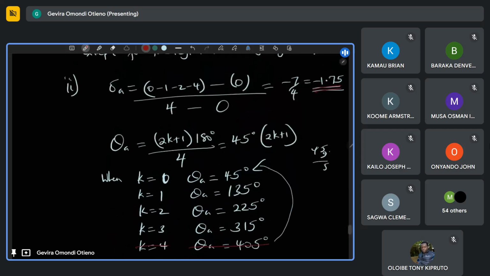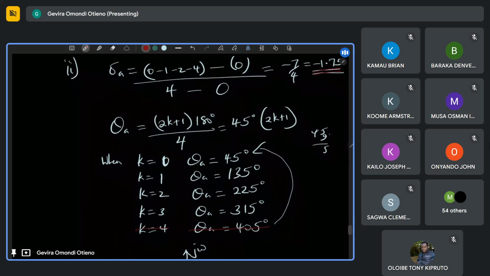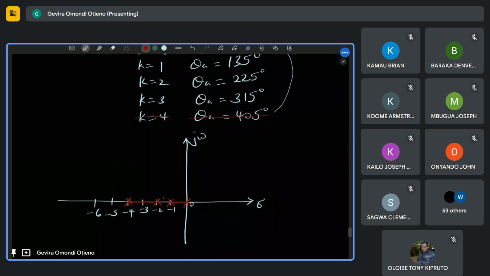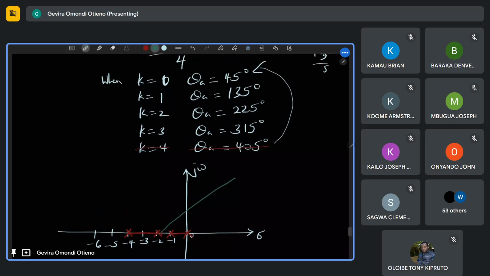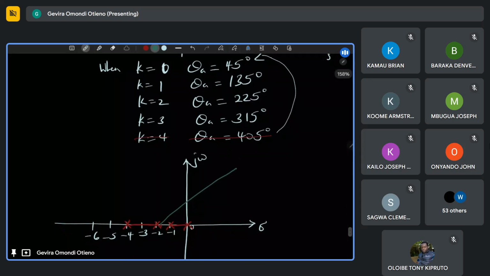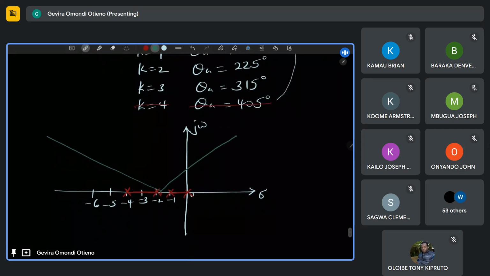The asymptote says the centroid is at -1.75, so it is somewhere just before 2. Then you have to draw a 45-degree angle there. Then the next one should be a 135-degree angle, so it goes like that. Then 225, like that.